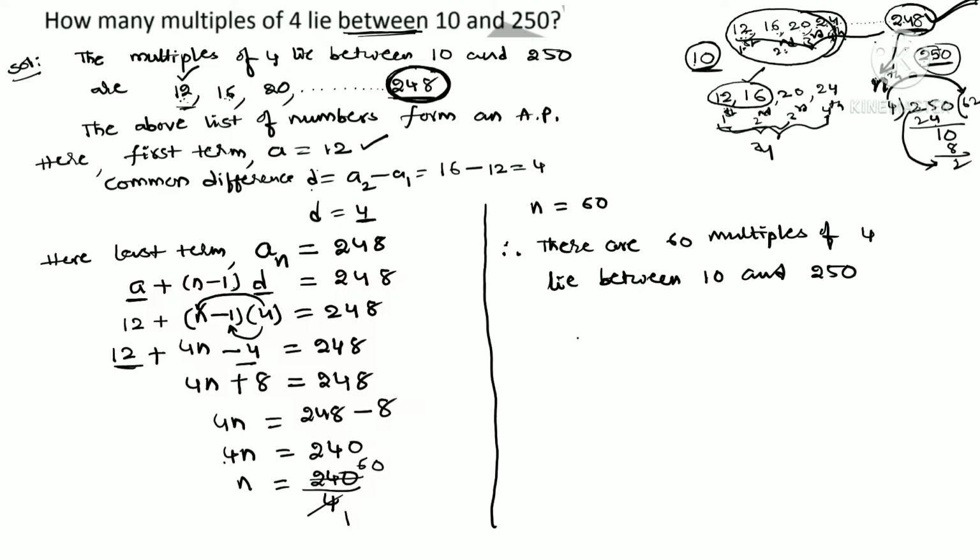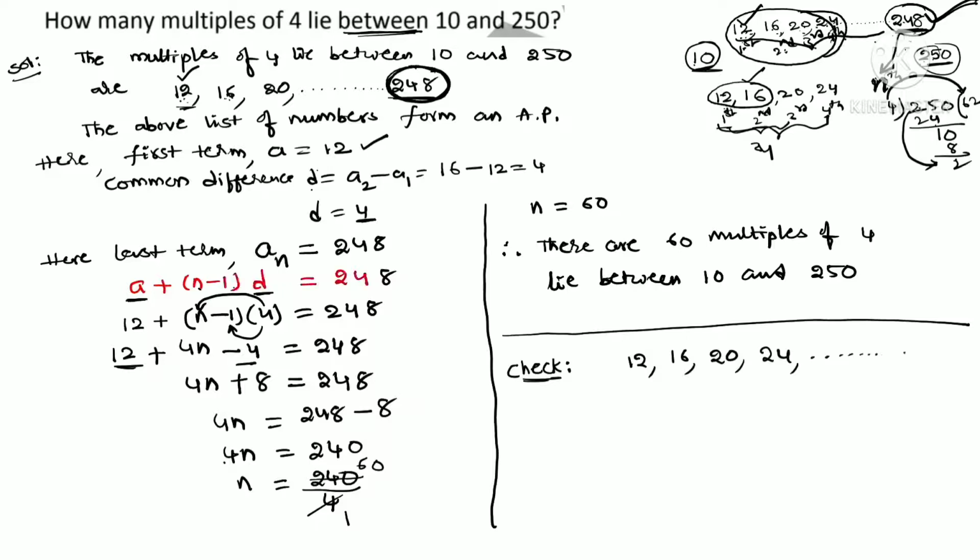To check if your answer is correct or not, there is one checking process, one shortcut technique. Can I explain? Look at this one. Our starting number is 12, next number is 16, next number is 20, like that to 24, and the ending number is what? What is the ending number? 248.